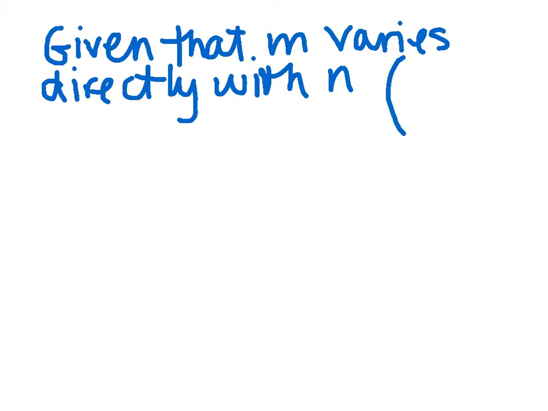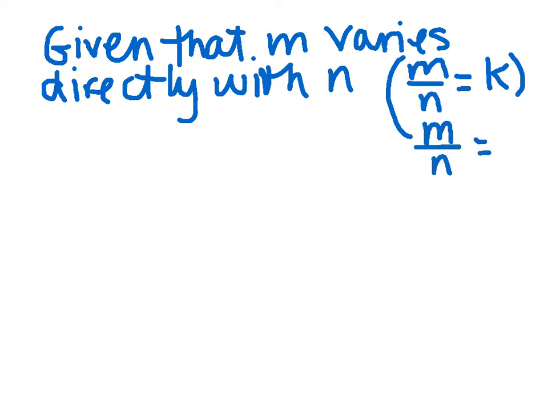So I'm going to put parentheses here. That means that given that m varies directly with n, then I know that m divided by n is going to equal the constant of variation. I also know that any m divided by its n will equal any other m divided by its n. Okay, so that's my little parentheses over here.